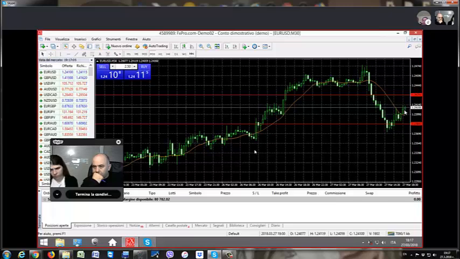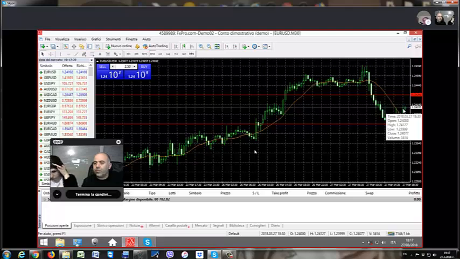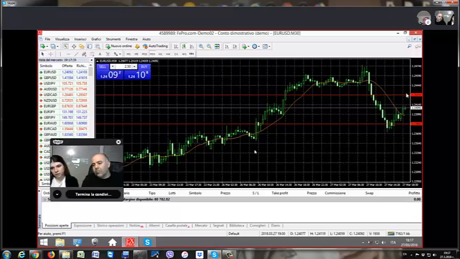So I will show my interest, but this is a fake movement, that I am interested to buy. The market thinks, oh, this big bank is trying to buy, so they move up the price.